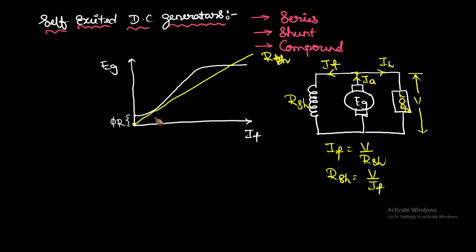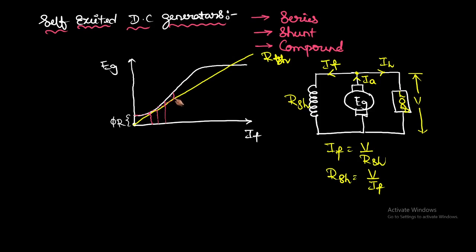If you observe here, this is how it gets self-excited. For this field current, this much EMF is already generated. Whenever you increase the field current, what will happen? The EMF is still increased.